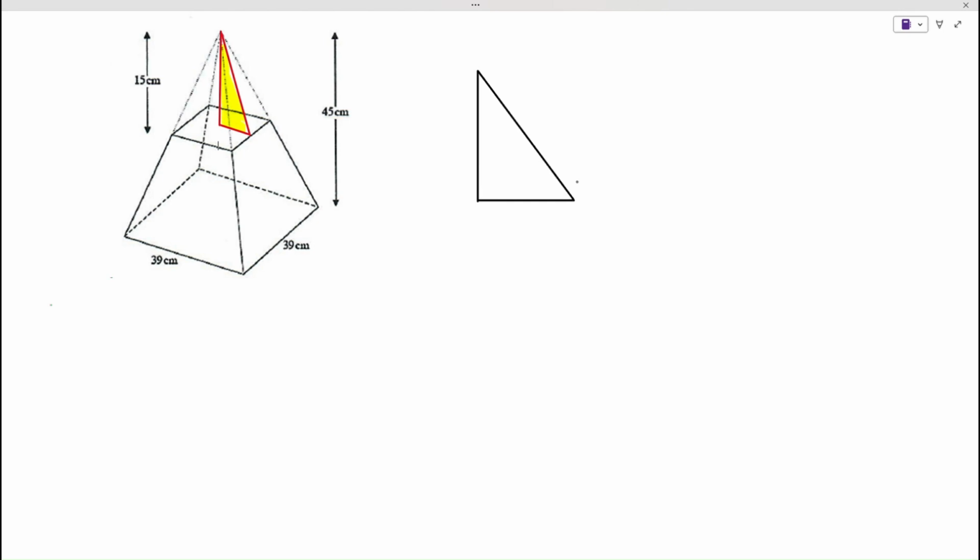Now, instead of having a height of 45, we have a height of 15 centimeters, which is 45 divided by 3. Following on in the same pattern, we divide our base length also by a scale factor of 3. Previously the base was 19.5 centimeters. This will now be 6.5 centimeters, which is 19.5 divided by 3.